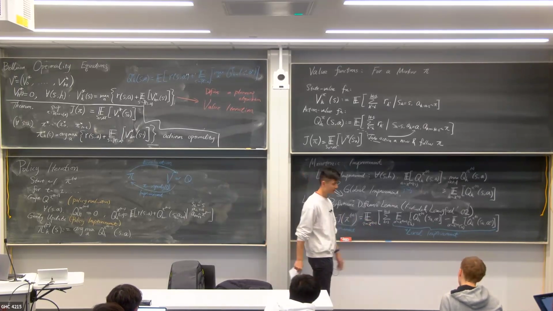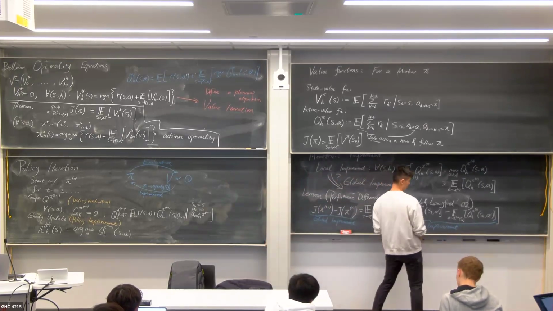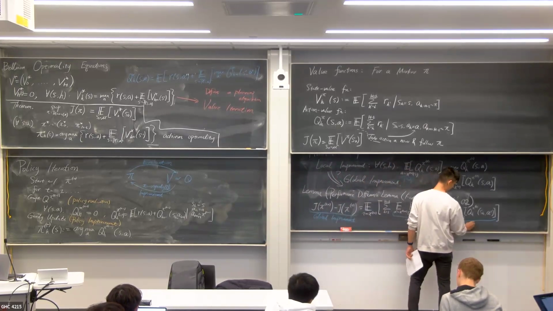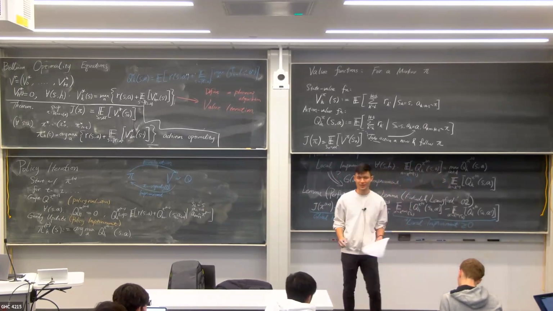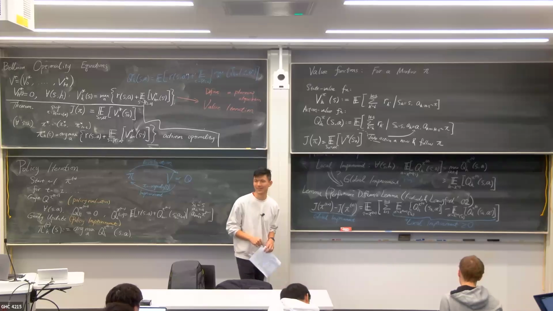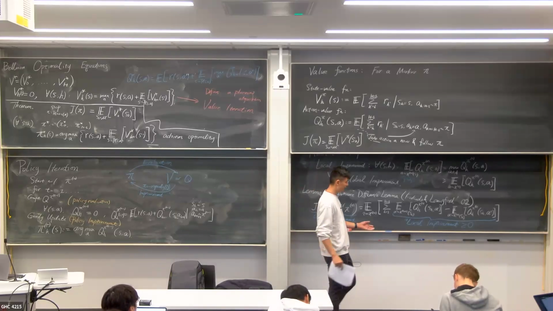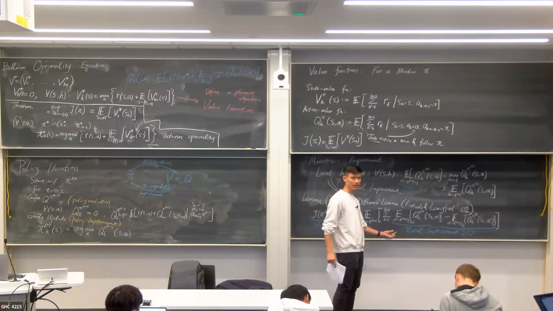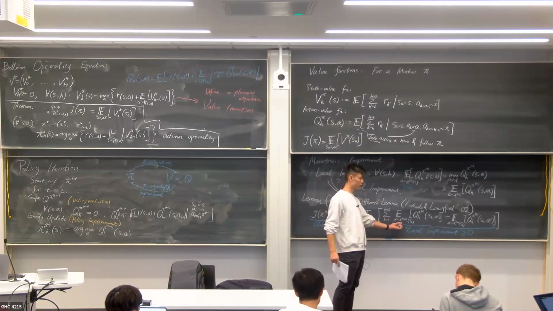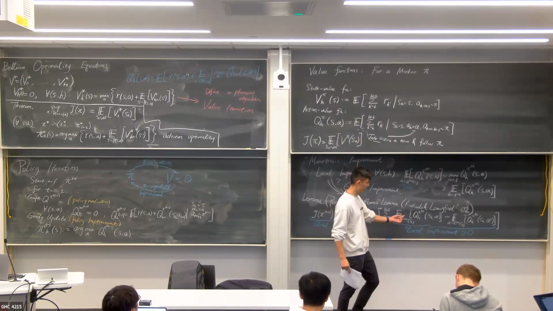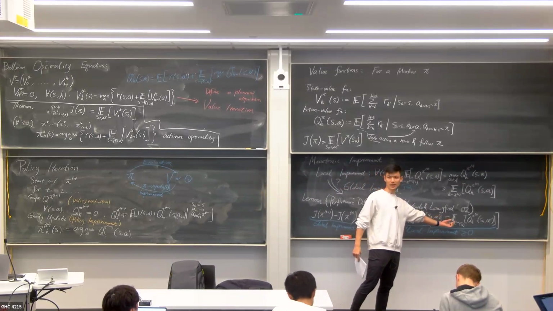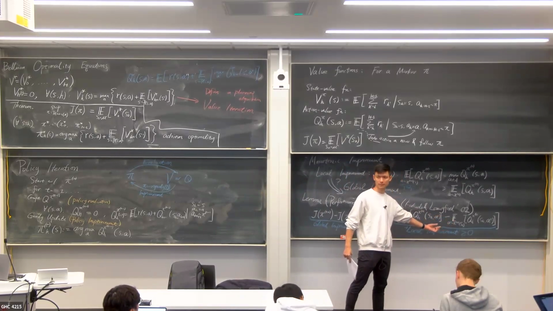This thing is bigger than 0. It's an underwhelming answer. But the point is, the way I'm updating pi t plus 1 is being greedy. By being greedy, I'm ensuring this term is never negative.